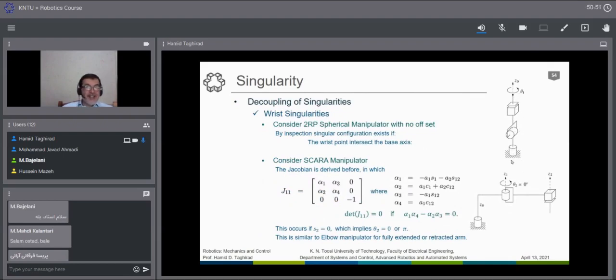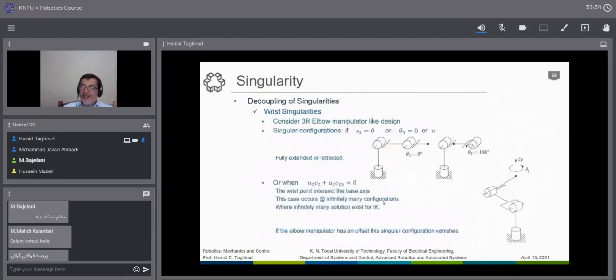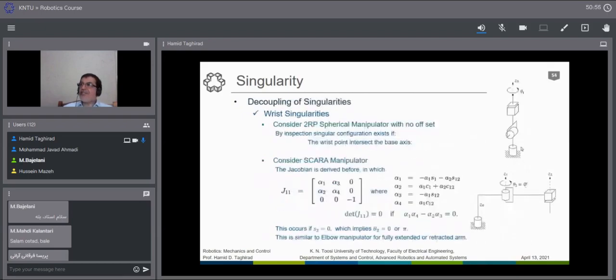And again, from this inspection, we can very simply see that if the hand is on top of the head, if it is just straight, with no offset, this will come to a singular configuration. Of course, you can find the Jacobian and its determinant to find the singularity, but we can find it quite easily, as we can see here.